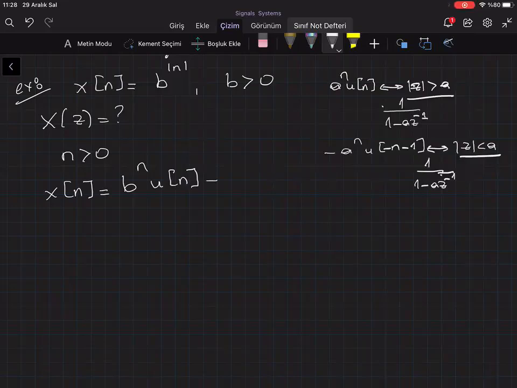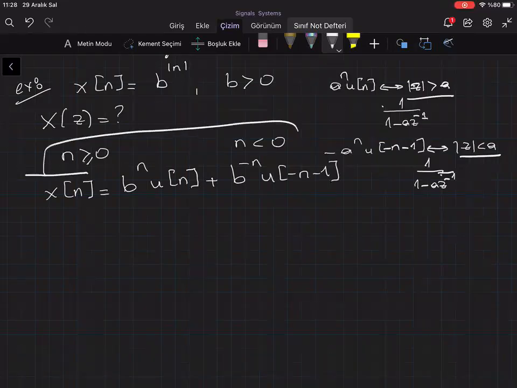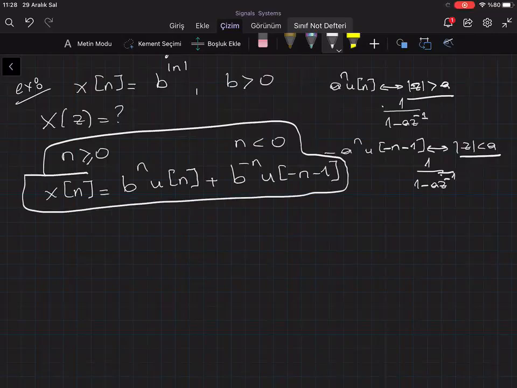Plus, for n less than 0, b to the power minus n u minus n minus 1. Were you able to write this part on your own? Let me write this again.